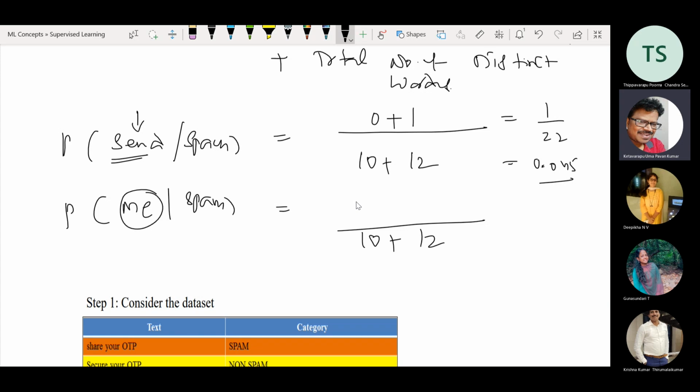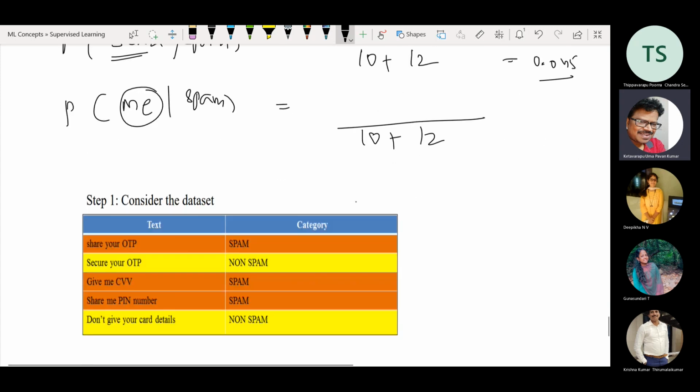Now we need to calculate how many me's there are. Observe here, friends: we got two me's, plus we need to add the one, which is nothing but 3 by 22, 0.136.